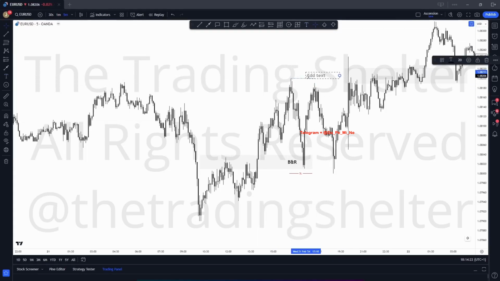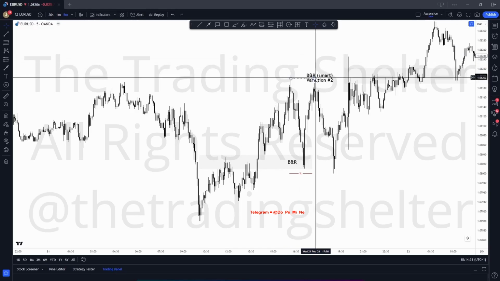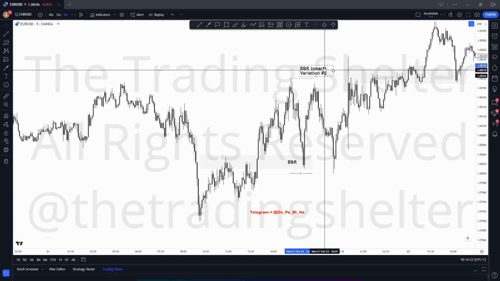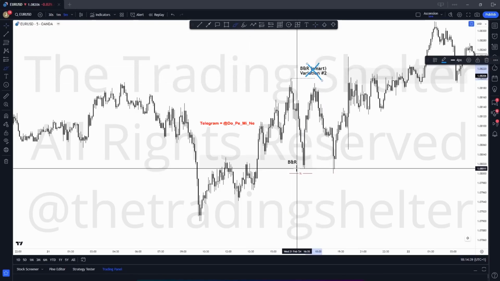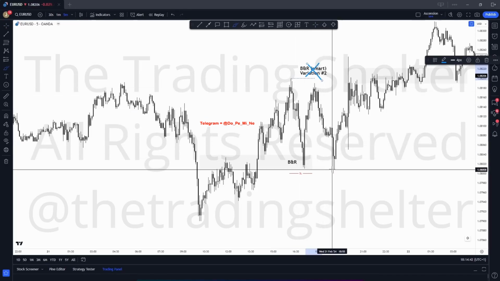So the smart break and retest traders, variation 2, didn't enter because price didn't do a new high. So these guys are not in. But these guys, aggressive ones, got terminated perfectly.